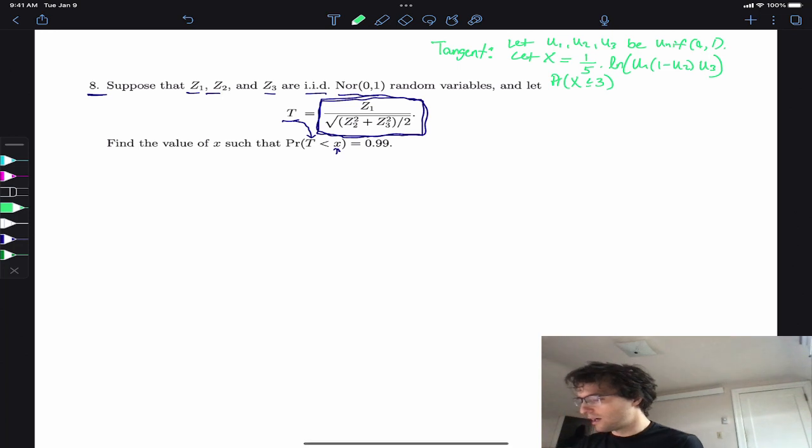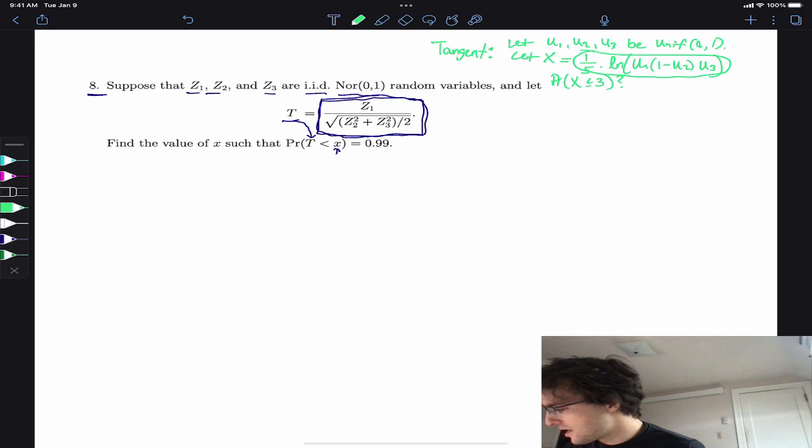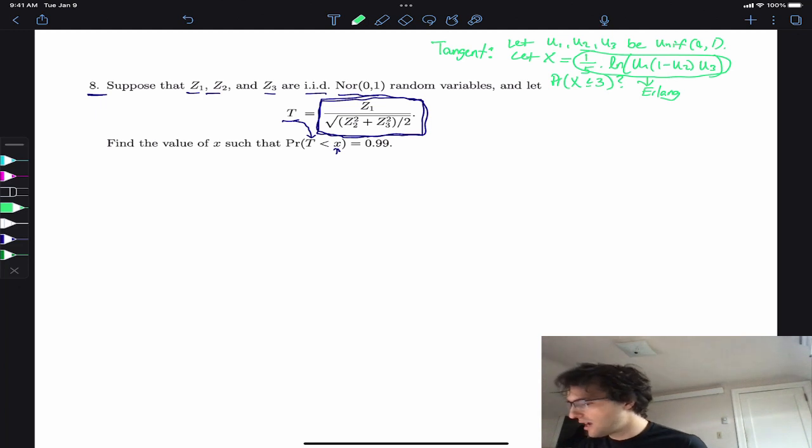In this very similar sort of question, you would have to recognize that this is like an Erlang random variable, and then you would use the CDF of the Erlang to figure out the probability.